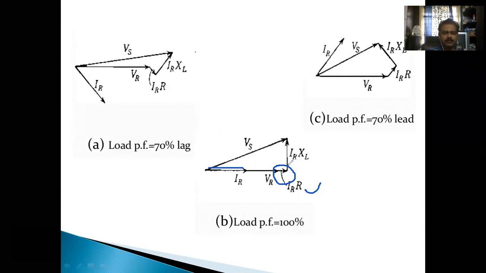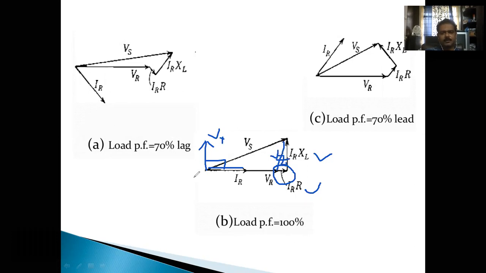In the case of reactance, the voltage drop across the reactance, Vx, is always 90 degrees with the current. That's why I have represented the same values at this point. This is the voltage drop across the reactance. This becomes the impedance drop, the voltage across impedance Vz.